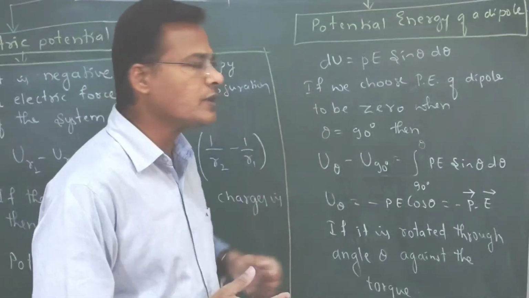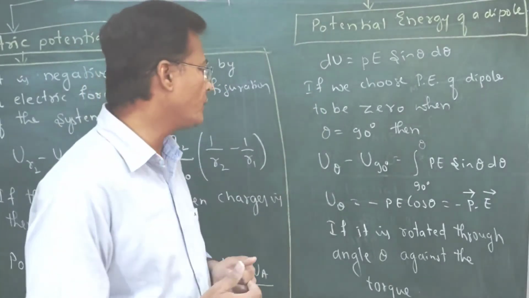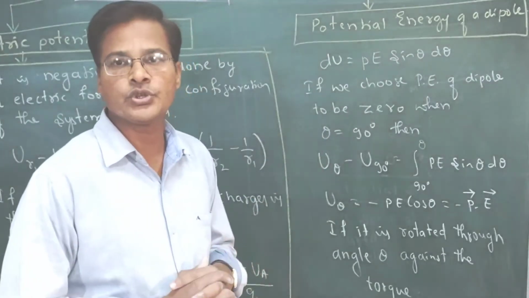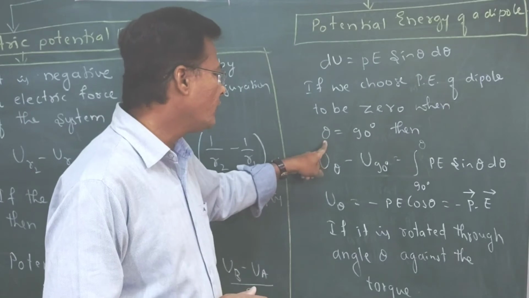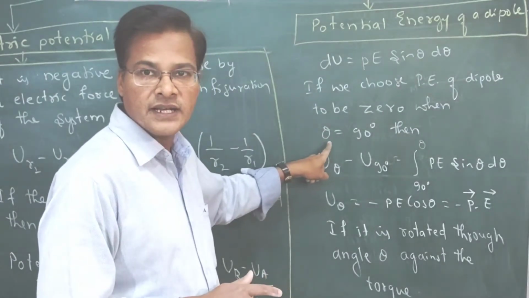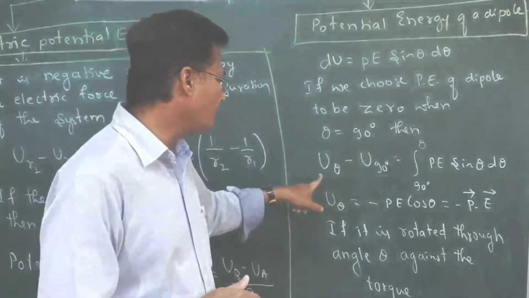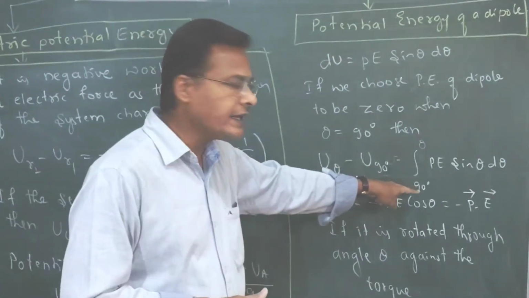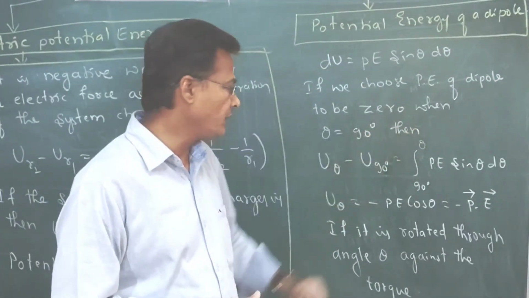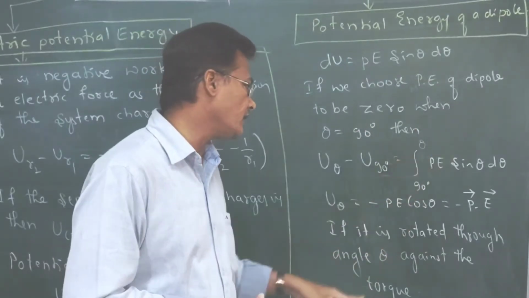So if we choose the potential energy of a dipole to be 0 when theta equals 90 degrees, then we can see that U theta minus U 90 equals the integration from 90 to theta of PE sin theta d theta.